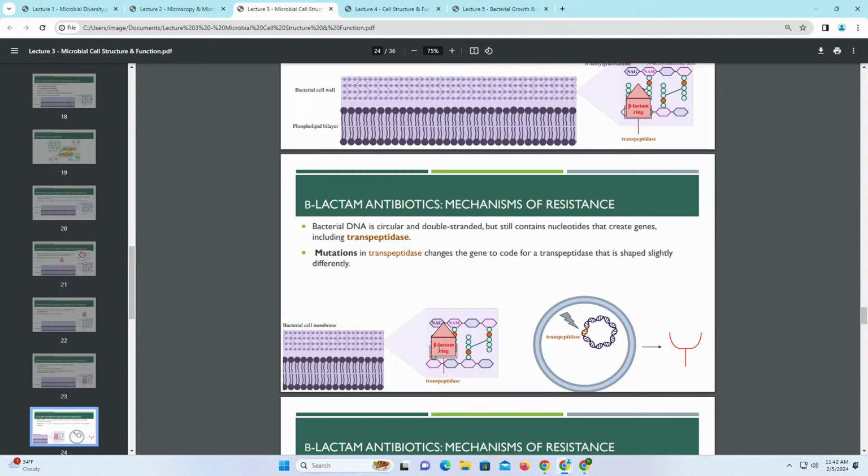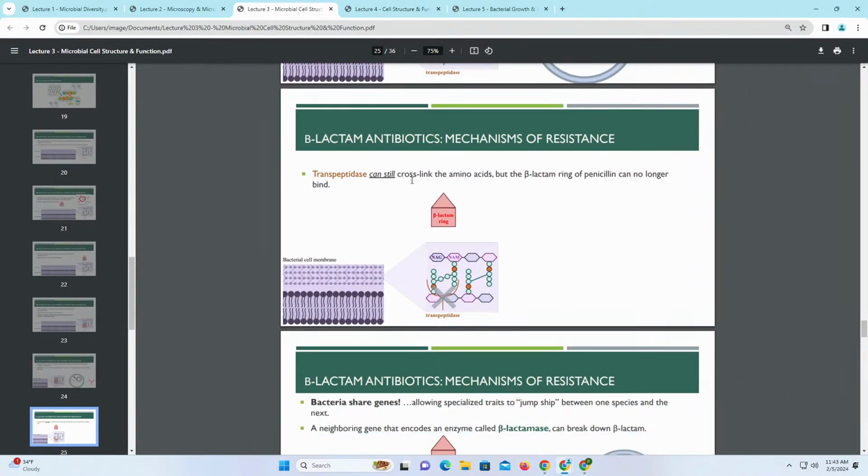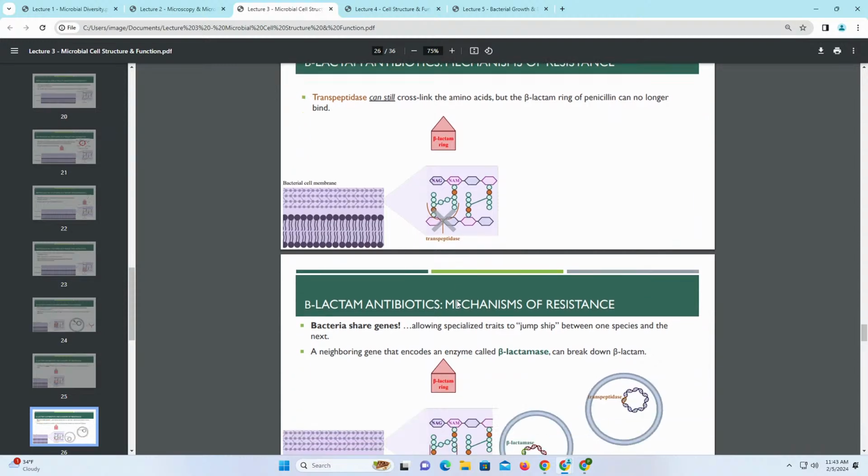Since we're trying to target this and kill it, it changes its shape, but it can still cross-link the amino acids and do its job. Now the beta-lactam ring cannot bind, and so that's one way it can evade death, by these mutations in the transpeptidase.